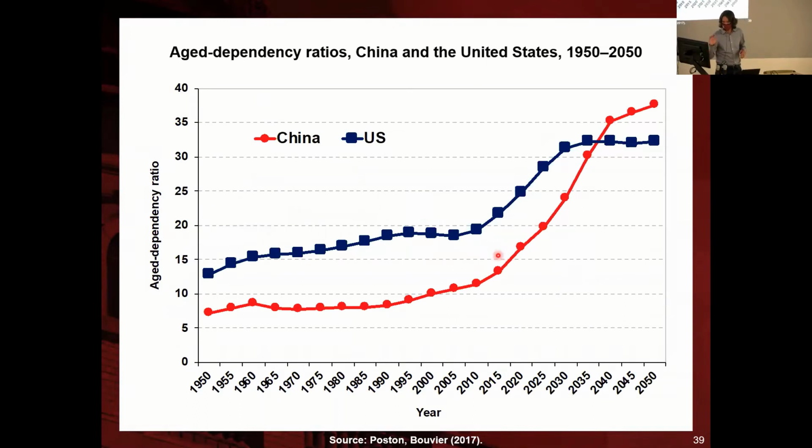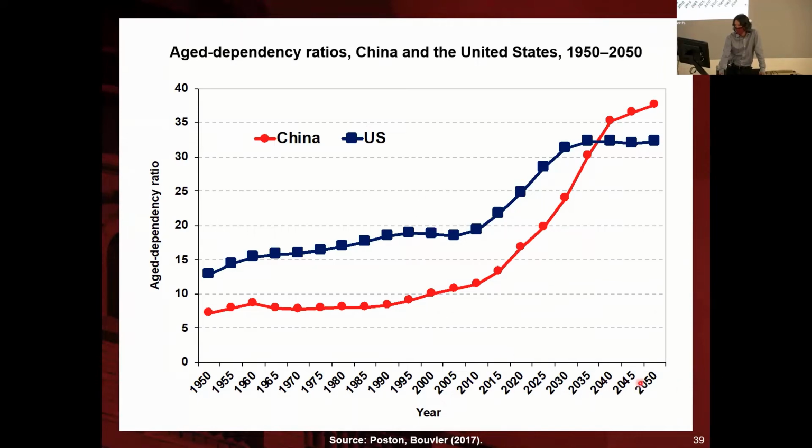The same countries, the same years, but now talking about the old age dependency ratios, or the aged dependency ratios. And we see that they have been increasing both in the US and in China.